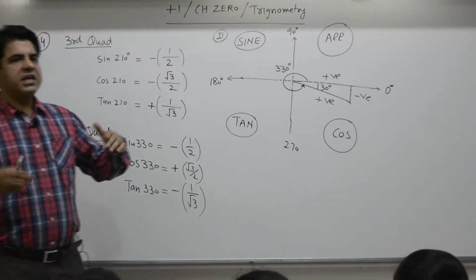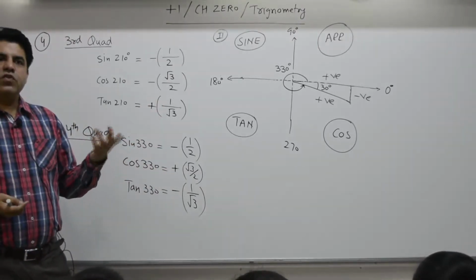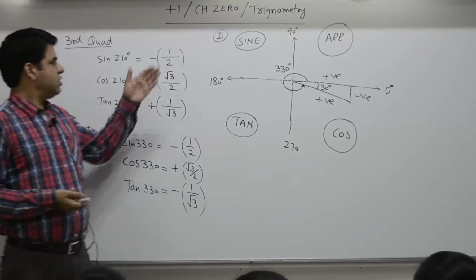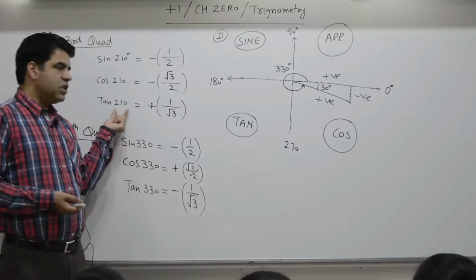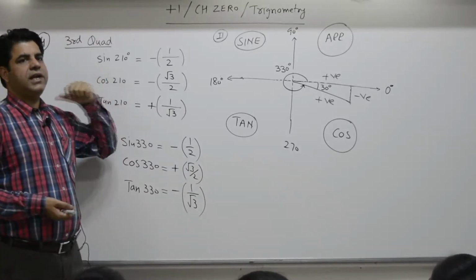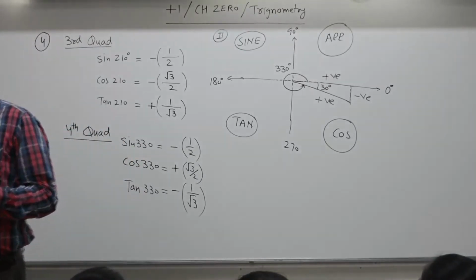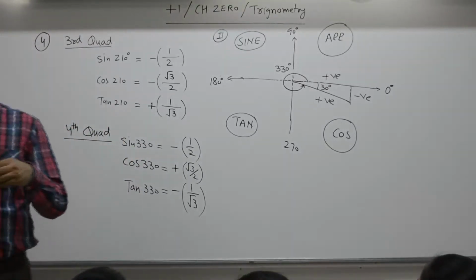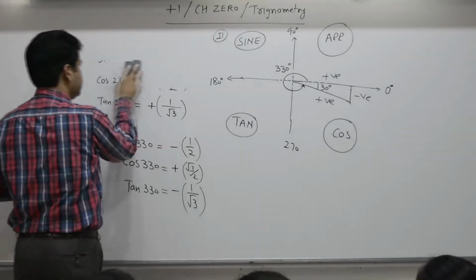So you will come across sine 150, 180, 200, 210, 240. You need to know whether sine 210 is 1 by 2 or minus 1 by 2. The numerical value should be known.